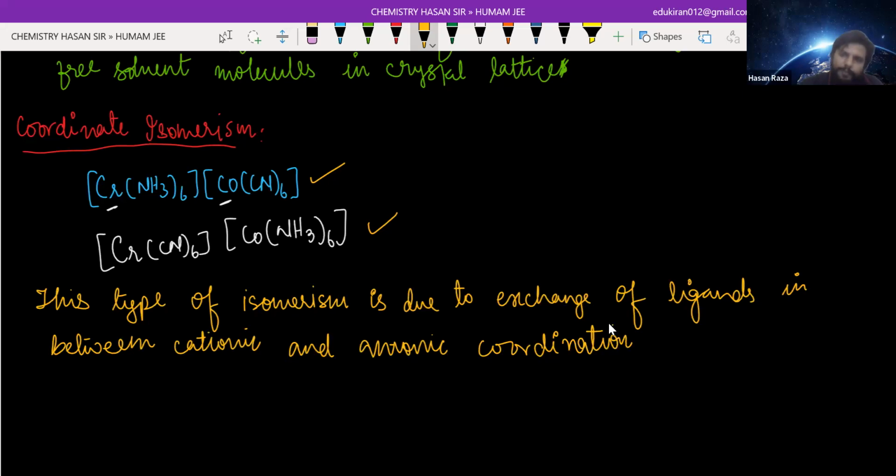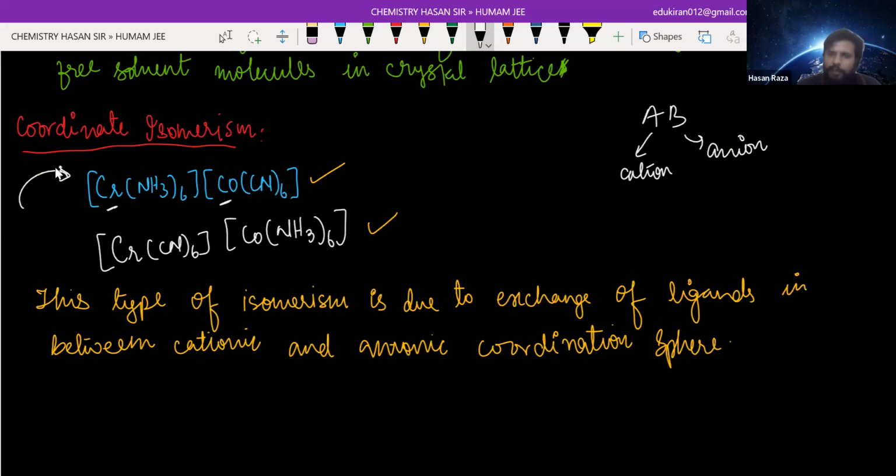Coordination sphere. So basically, as I told you, in an inorganic compound, this will be the cation and this will be the anion. As you can see, there are two complex compounds given as a single whole. This type of isomerism is due to the exchange of ligands between the cationic and anionic coordination compounds.